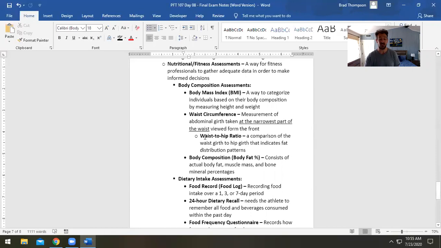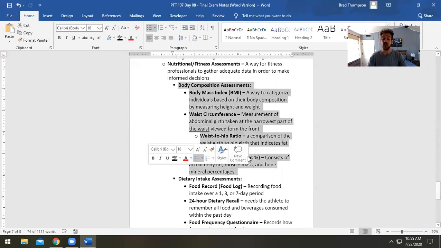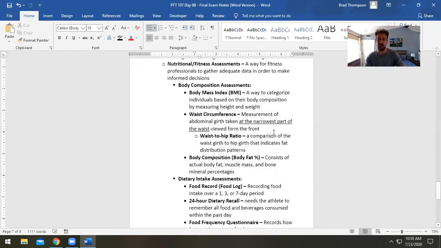Also looking at a waist to hip ratio, which is comparing the narrowest part of the waist with the widest part of the hips. When that ratio is outside of normal ranges, we see another increased risk for disease. Body composition or body fat percentage assessments as well, which is assessing someone's overall body fat, fat mass, and bone mineral density.